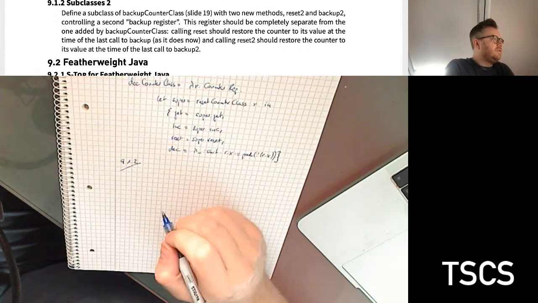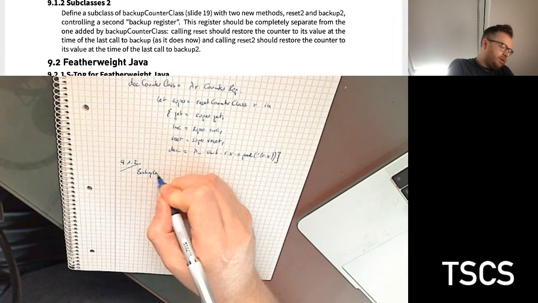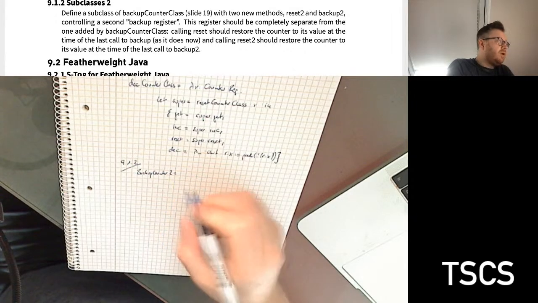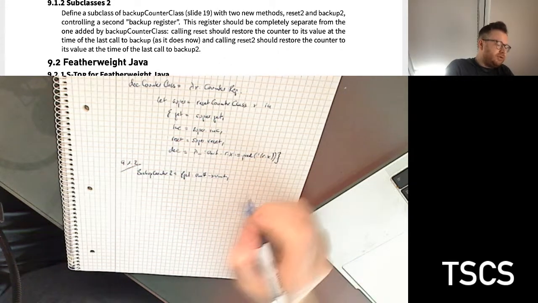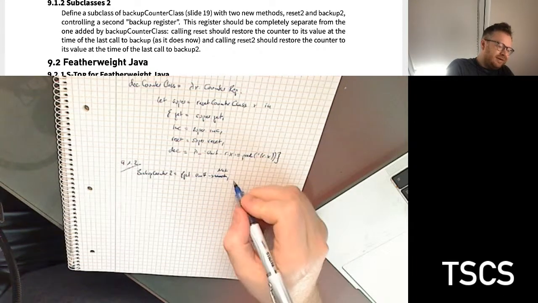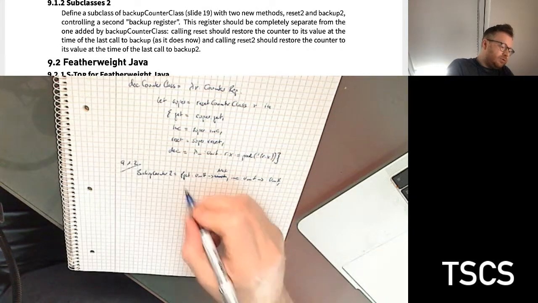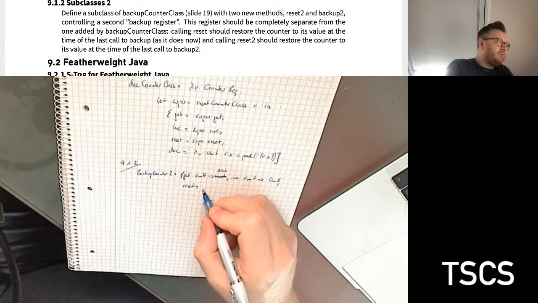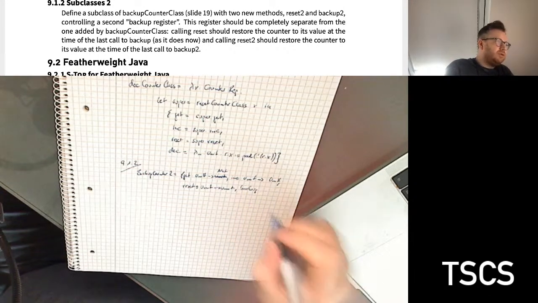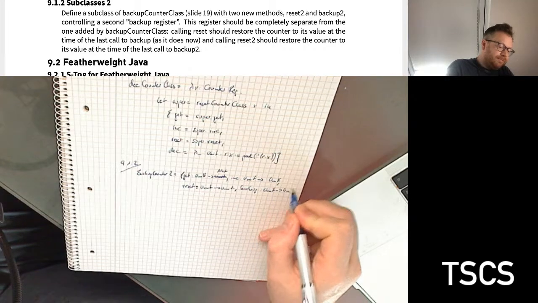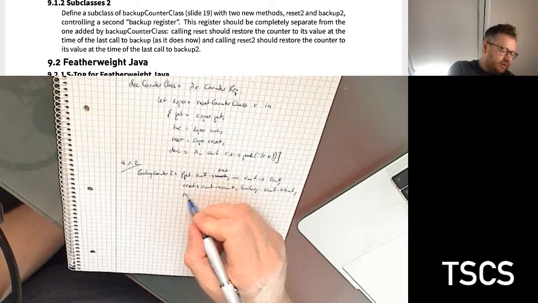9.1.2. Okay, so the first thing is, of course, we need to define the type for this class, and this is backup counter 2, which is of course get from unit to nat, and inc from unit to unit, and reset, typed as unit to unit, and then backup as in the original type, unit to unit, and then the new methods called reset2 and backup2, which are typed exactly the same.